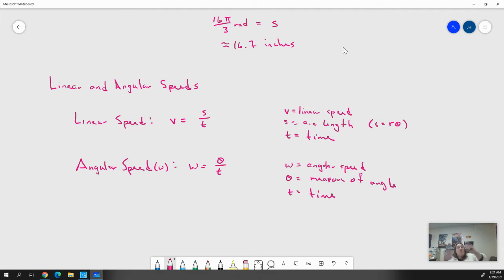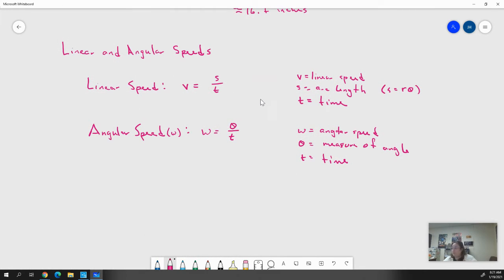This is all of the formulas I'll be giving you. You had arc length, and now you have linear speed and angular speed. As long as you know what each of these letters mean, you should be able to plug them into the formula.